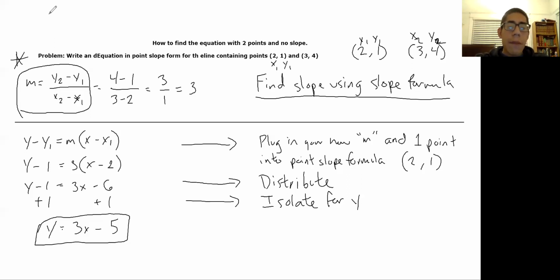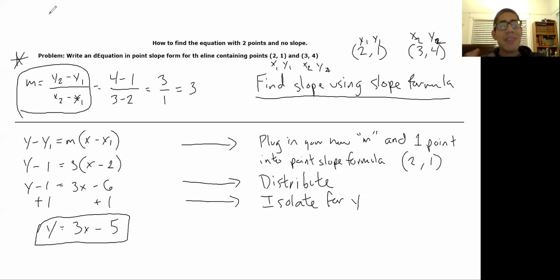And the next coordinate point, just because it came after, I made that my second one. So this is going to be x2 and y2. In this case, y2 would be 4, x2 would be 3, y1 would be 2, and x1 would be 2. I'm sorry, y1 is 1, and x1 is 2.